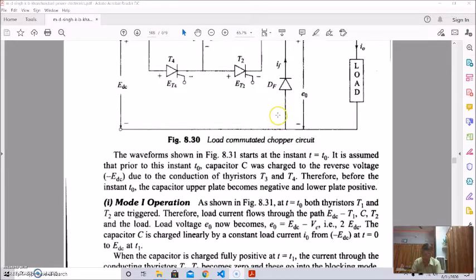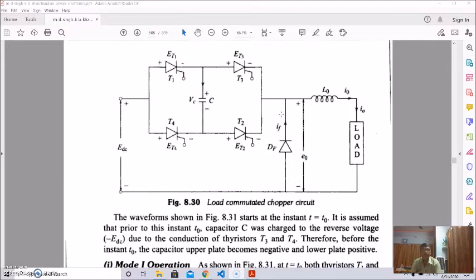The load current is transferred from T1 and T2 to DF.